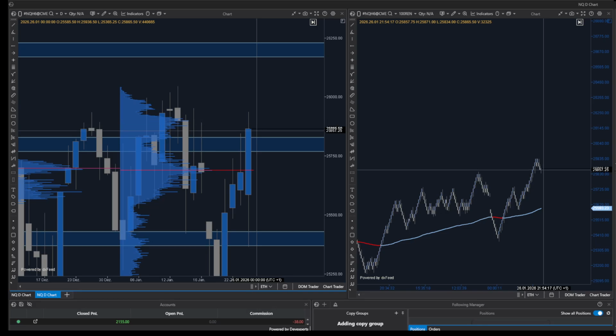The indicator is also based on magic numbers, option levels, algorithmic numbers also. So these are the key point levels where the market mostly reacts. Why not use it for yourself? Why not use it for your edge? And then try to trade with the big trades, how I traded here.